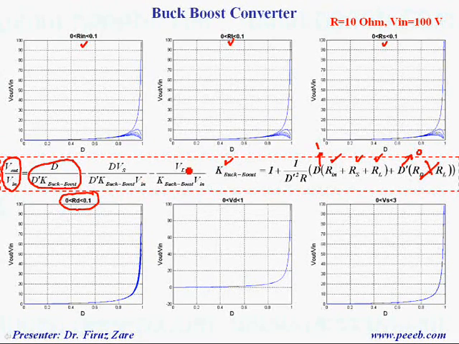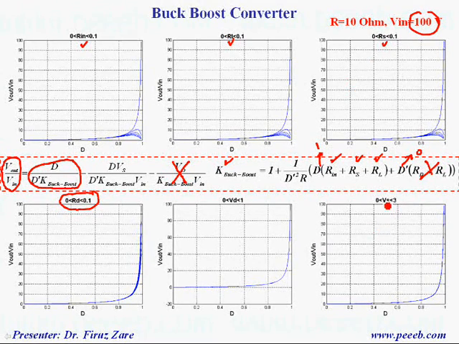And again here we can see that the effect of diode voltage on the conversion ratio is not significant, and the reason is that Vd over Vin is not significant, especially when the input voltage is 100 volts.